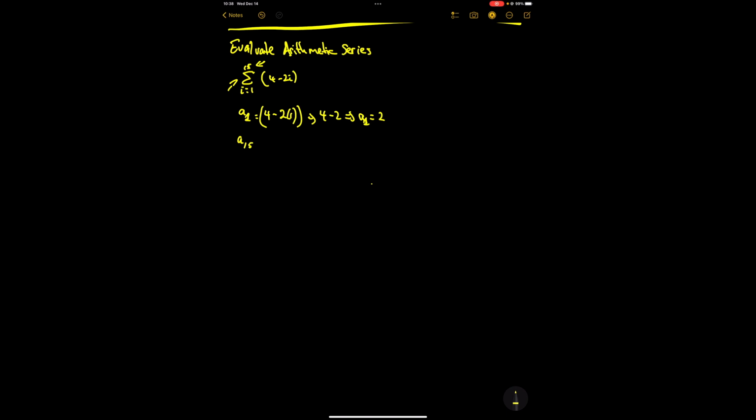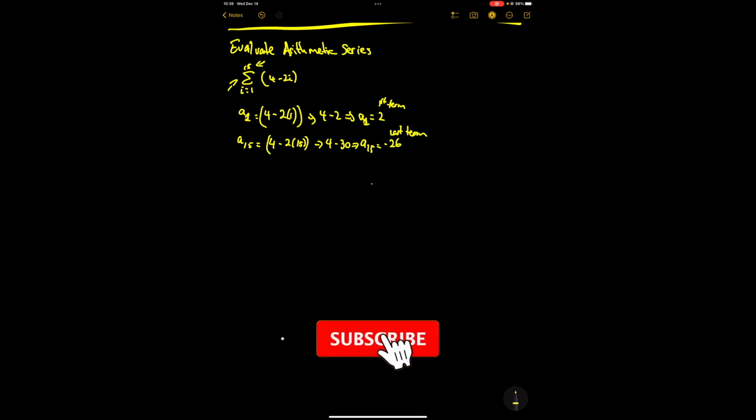So that will be a15, which is the last term. So a15 is equal to 4 minus 2 times 15, which means 4 minus 30, so a15 is equal to negative 26. So now we have the first term, and we have the last term, right? So now we can actually use the formula.